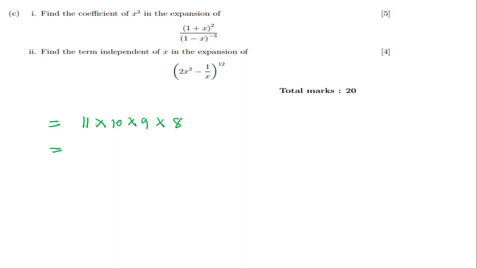Yeah, 72. Or you can say 64 plus 8, it will simply give you 72. So you need to be a bit smart when solving. So there you're going to say 11 times 10 times 72.